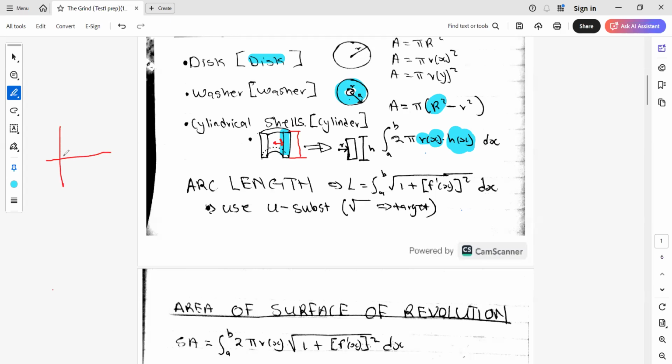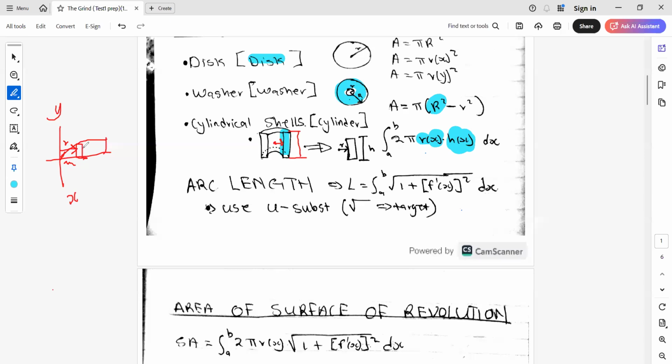So a clear common example right over here, you have this, right? So you revolve this about y. Okay, so you'll have to draw a rectangle right here like this. And then your r, your radius, is just going to be from the center all the way to the rectangle. That's going to be your r. Okay, then what is your r in this case? It's just going to be your x. And then what about the height?